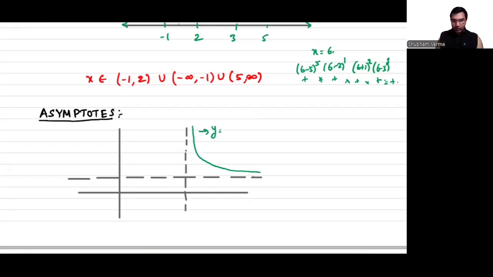This is my y equal to some function f of x. All right. And this is x equal to 5. And let's say this is y equal to 1, something like that. All right. And this is going like this.